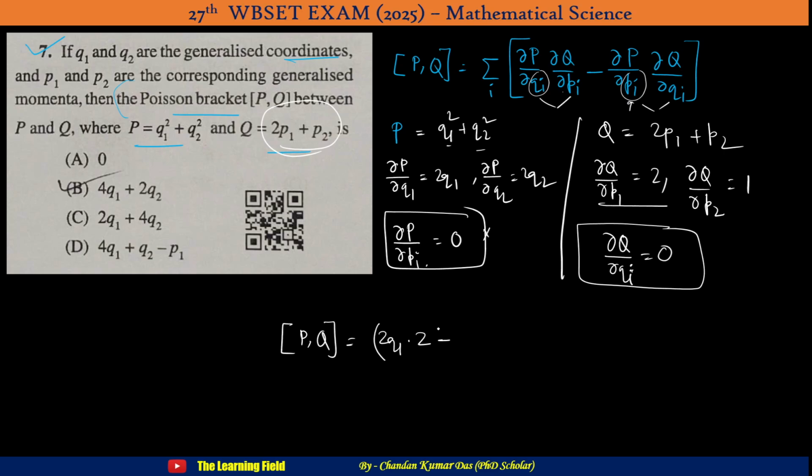Yes, this term is 0, that means no negative term, and del Q del Q_i is also 0. So the first term for i equal to 1 has only this part.